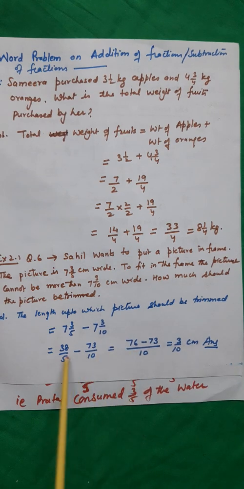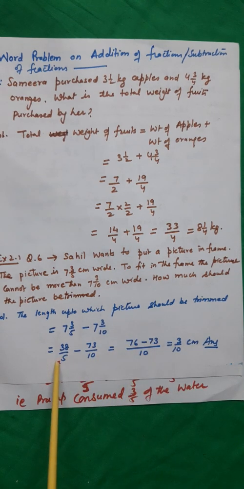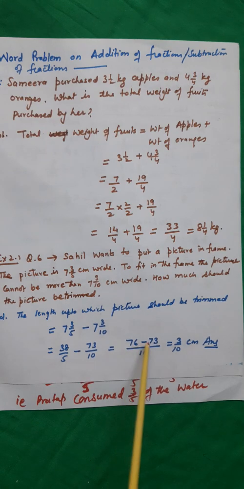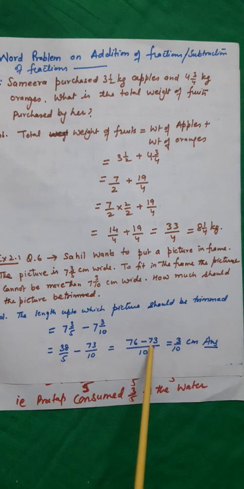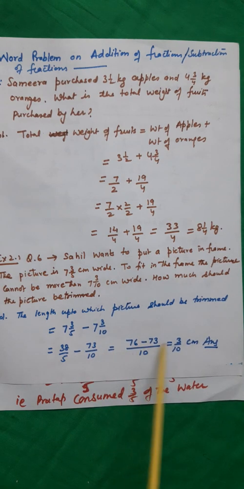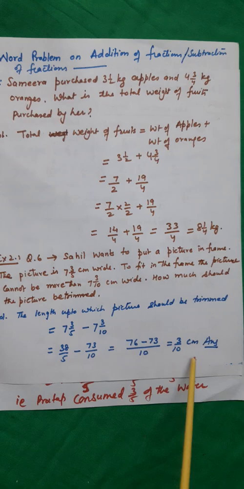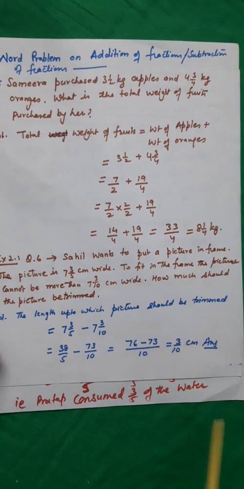So 10 divided by 5 is 2. 2 into 38 gives me 76, minus 10 divided by 10 is 1, 1 into 73 is 73. This is equal to 3 upon 10 centimeters. That means 3 by 10 centimeters of the picture should be trimmed.